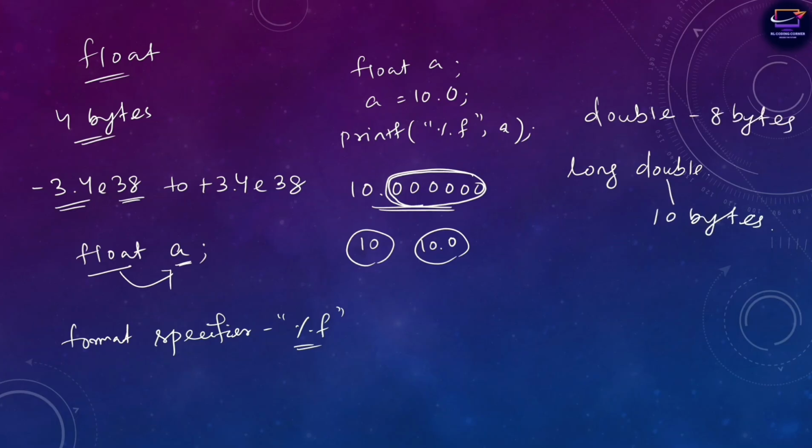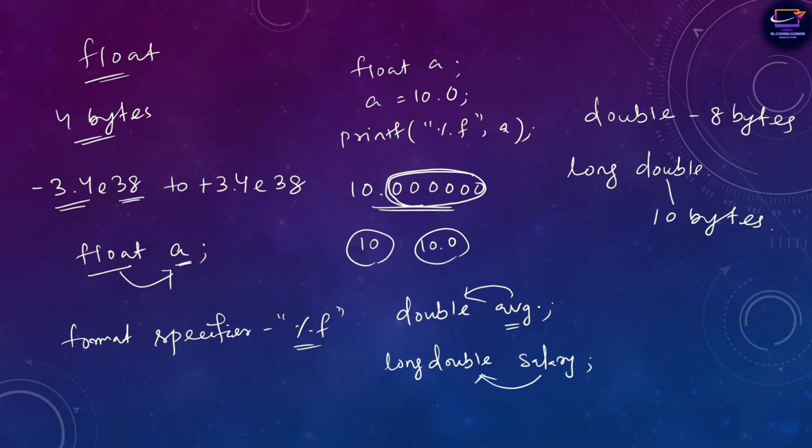To declare a variable of type double, we write double, the data type name, then average. So average is a variable of double type. And if you write long double, then long double and salary, so salary is a variable of type long double, okay? The format specifier for double is %lf.